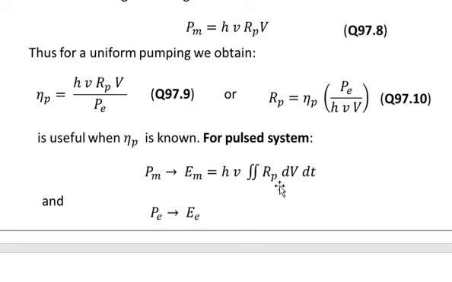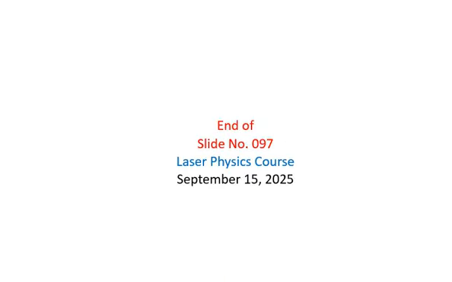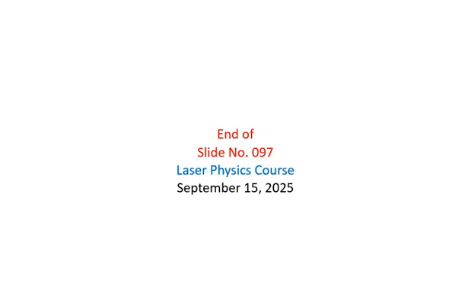For the time being, we are just leaving these things over here, just to say that the power will be converted into energies when we want to calculate these efficiencies for a pulsed system or for a pulsed pumping system. So this is the end of slide number 97.